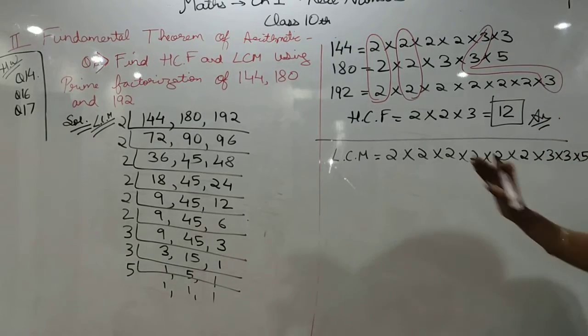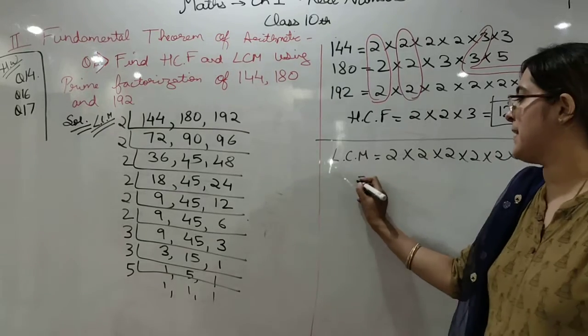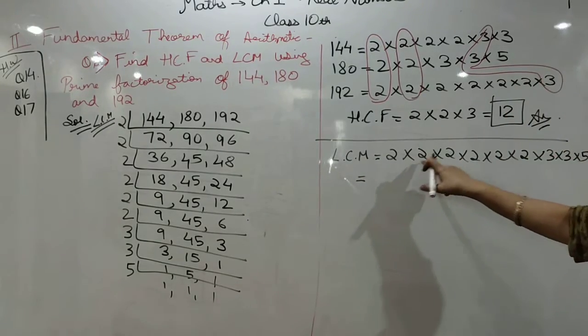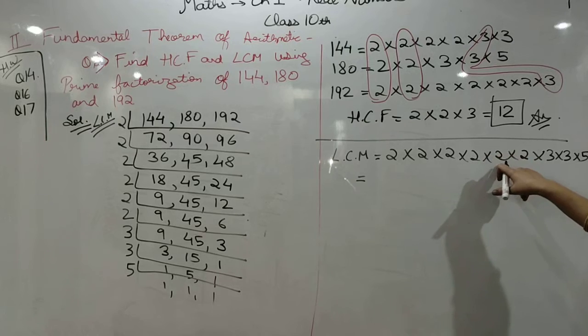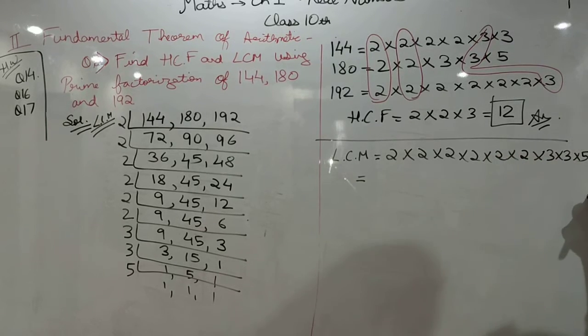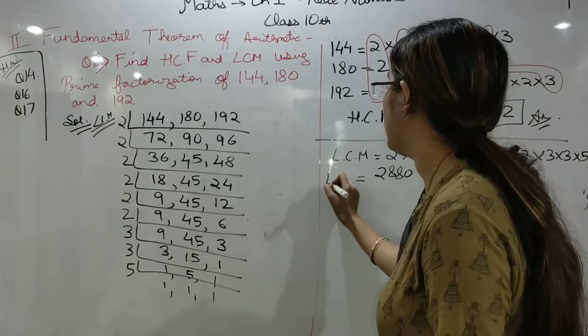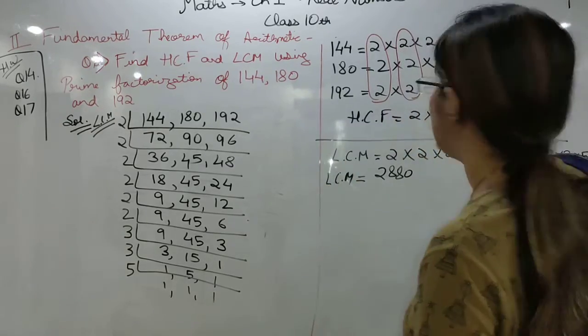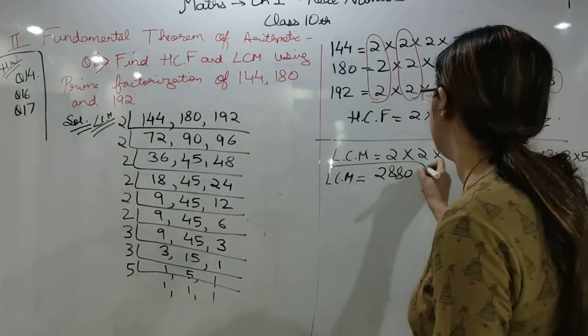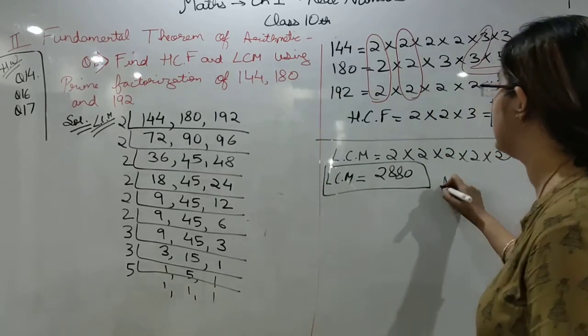Now multiply it all and tell me the answer. 32 twos are 64. Your answer will come 2880. After multiplying all these numbers, your answer will be 2880.